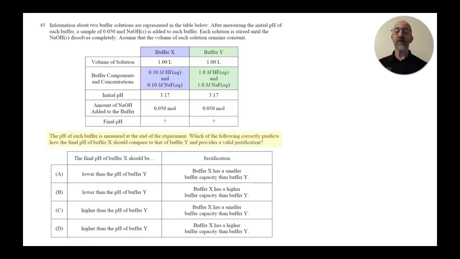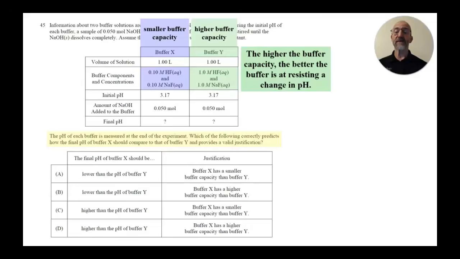So in terms of buffer capacity, buffer X has a smaller buffer capacity with a smaller concentration of the buffer components, and buffer Y has a higher buffer capacity with a higher concentration of the buffer components. The higher the buffer capacity is, the better the buffer is at resisting a change in pH.